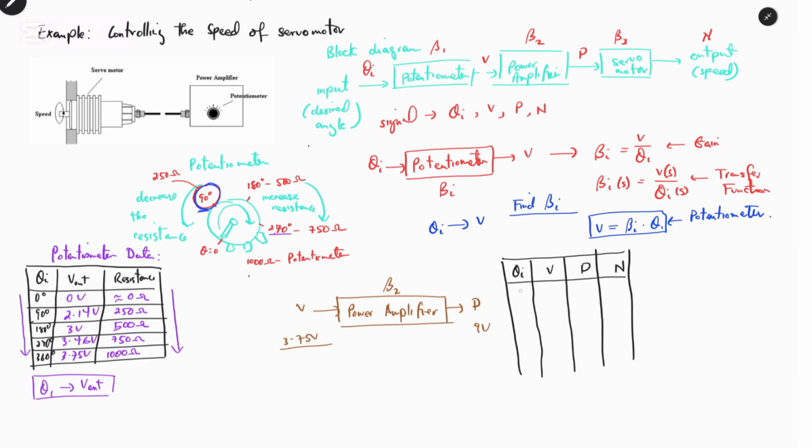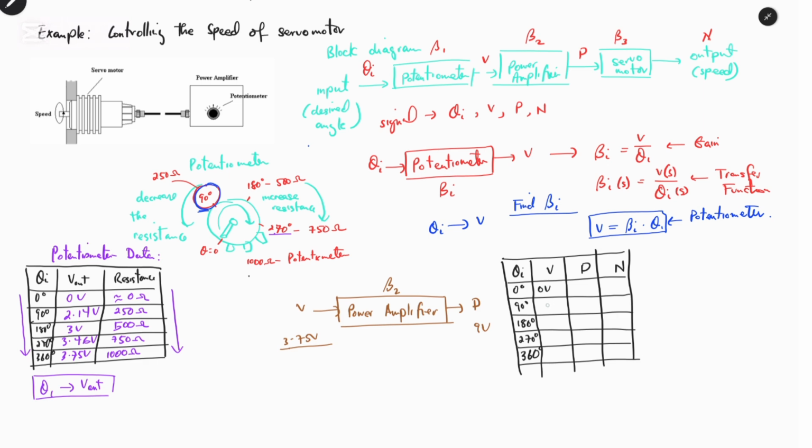So we have the system parameters that can be plotted, and we want the system to operate by following this data in the table as we discussed. So 0, 90 degrees, 180 degrees, 270 degrees, and 360 degrees.